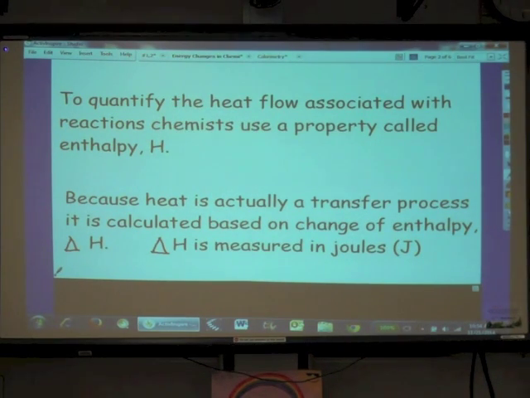Joules is the unit of energy. Okay, so we don't measure enthalpy itself. We measure change of enthalpy in reactions.